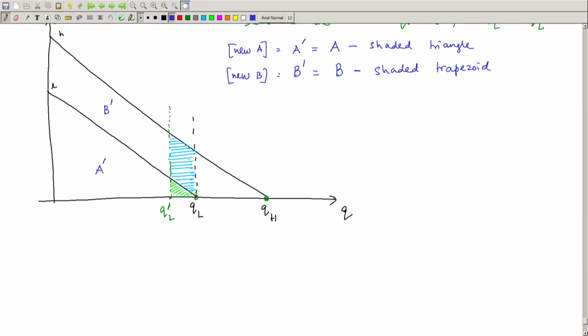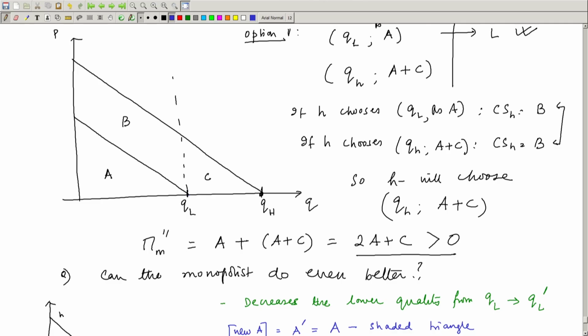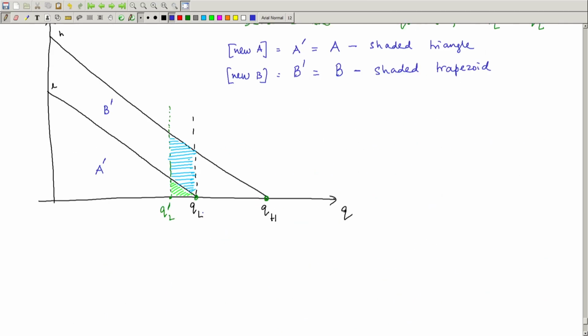And what was my area C? Well, my area C was essentially this triangular zone. I am going to call my new C, C prime, which is the old C plus the shaded trapezoid.